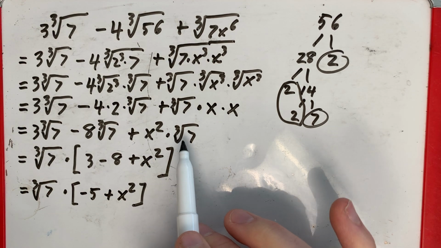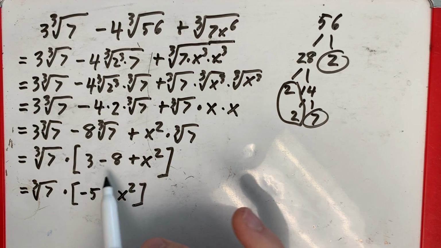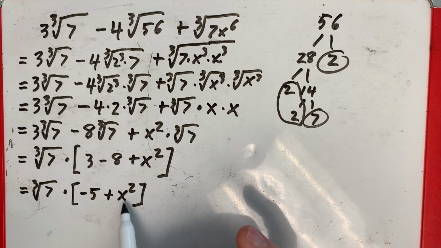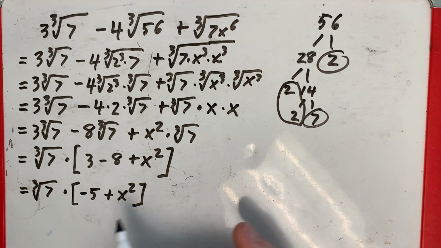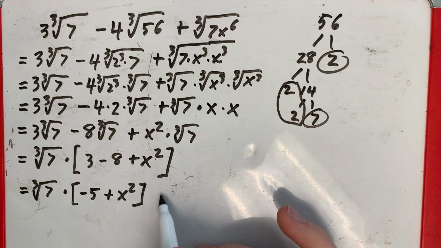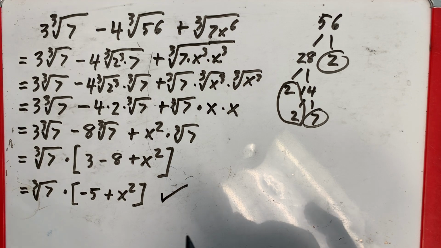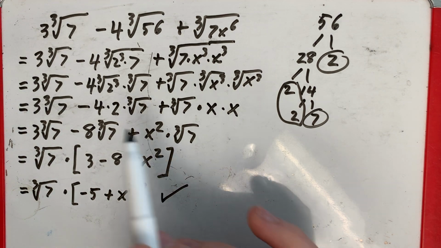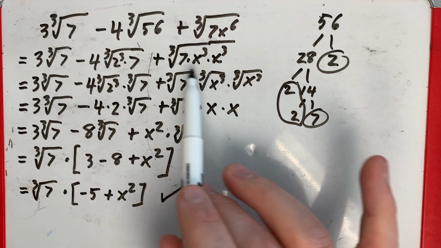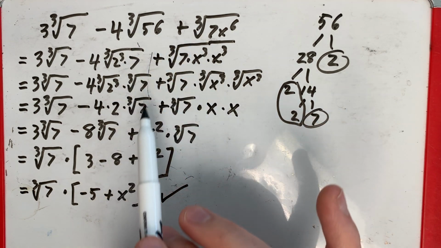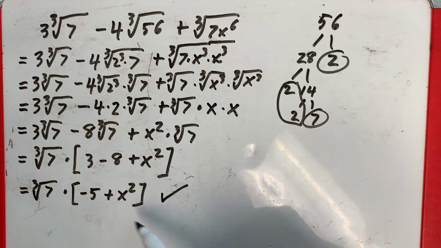So all I did before, factored out the cube root of 7, combine like terms, simplify as possible. So here we are stuck. We've factored out everything we can, we've combined like terms, and at this point we are done with this example. Yeah, so all we did, factor treed everything inside the radicals, broke it down into powers of 3 so we can cancel the cube root, simplify.